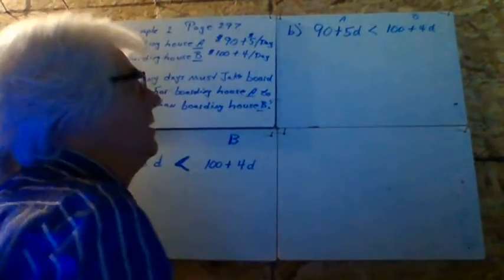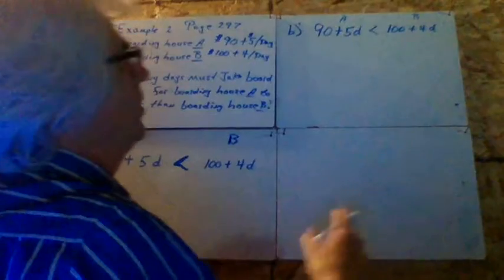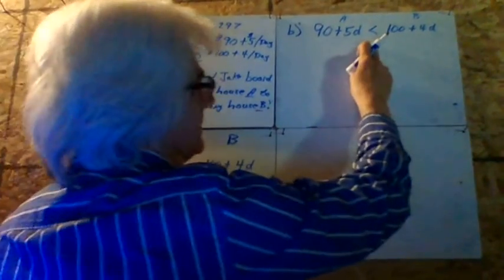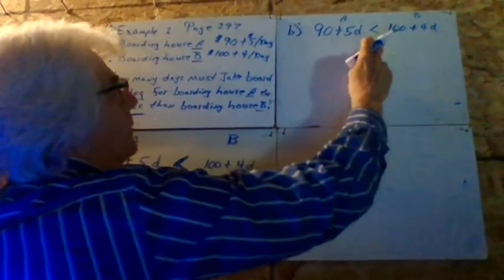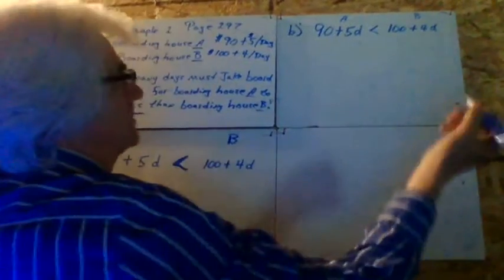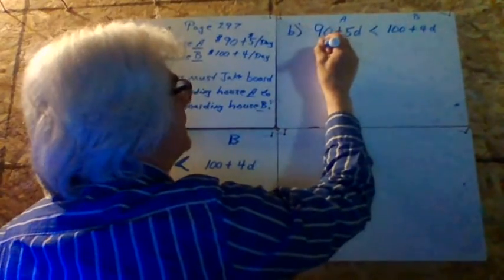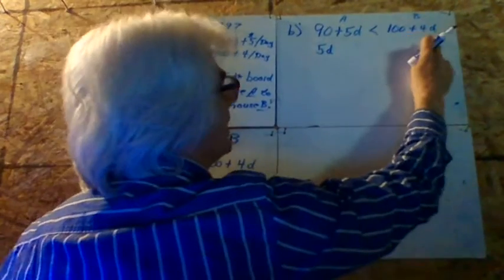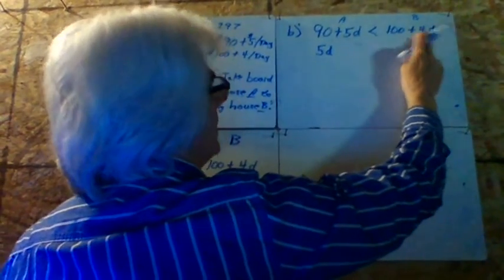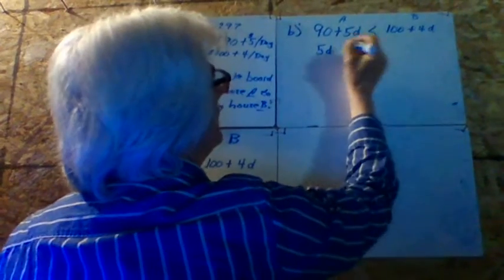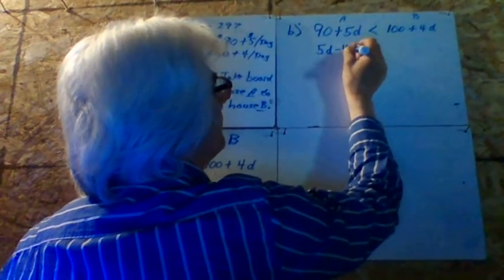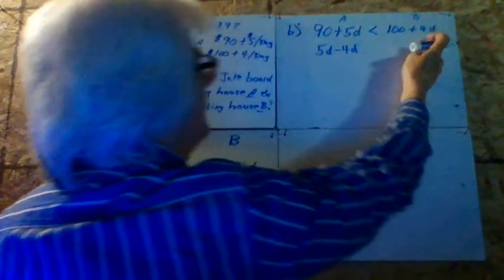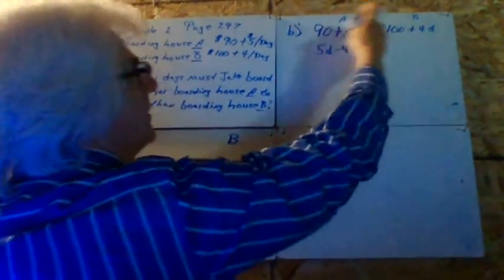And again, we know as they move across the inequality sign, just like they do in an equation, the operation is reversed. So let's go. My 5D I said I'm going to keep. Over here I have a plus 4D. The opposite of a plus 4D is a minus 4D. Again, that happened because it crossed that inequality sign.